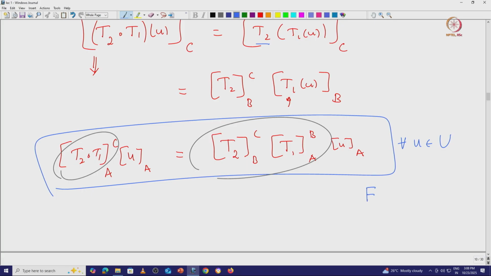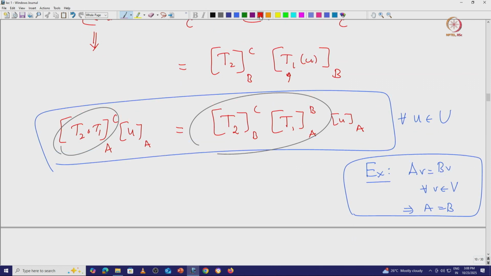A basic exercise is that if AV equals BV for all V in V, where both A and B are matrices of the respective dimensions, then that would imply that A equals B. So this simple fact that we are using here implies immediately that the matrix representation of this composition is nothing but the product.